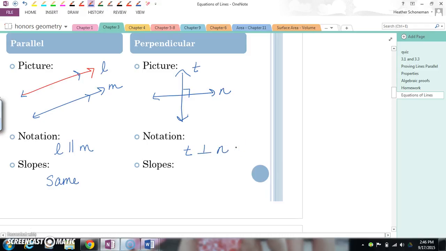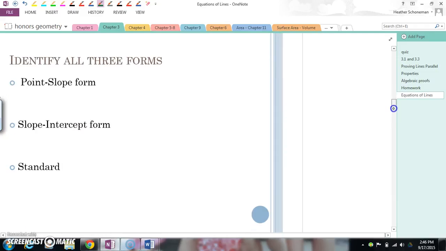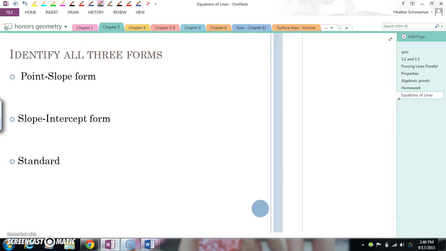Now their slopes aren't the same. Their slopes are opposite reciprocals, which means you're going to change the sign and flip them. There's three forms of a line that we're going to be writing in. The first one is point slope form, which is y minus y1 equals m times x minus x1.